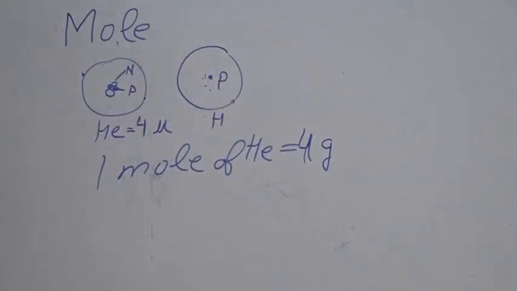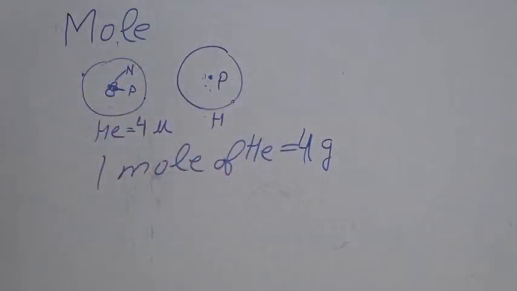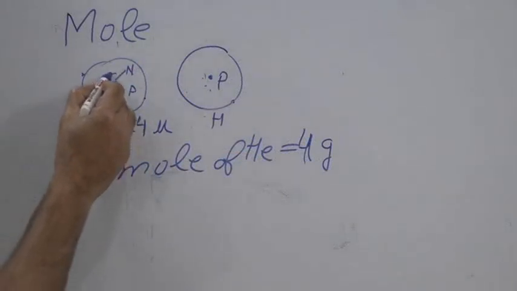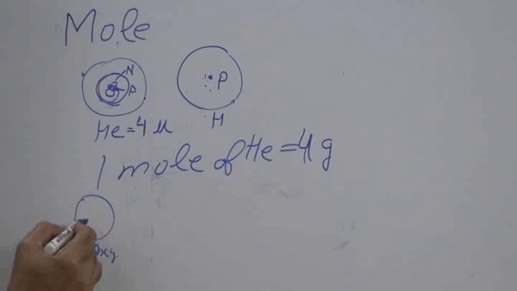On similar logic, we can see that the mass of 1 mole of any element would be equal to the number of protons plus the number of neutrons in the nucleus. For example, we take oxygen. This is an oxygen atom. In the oxygen atom nucleus, how many protons? 8 protons and 8 neutrons.